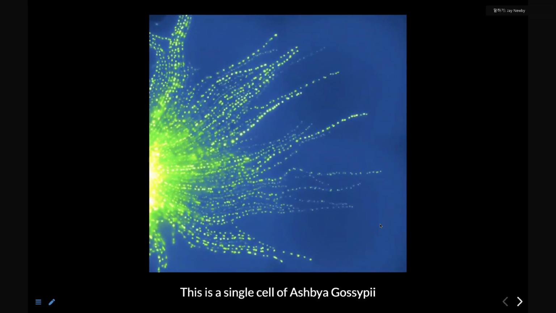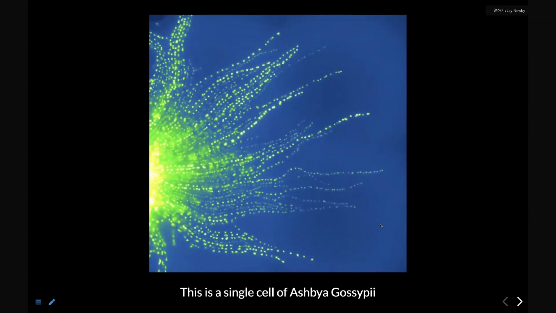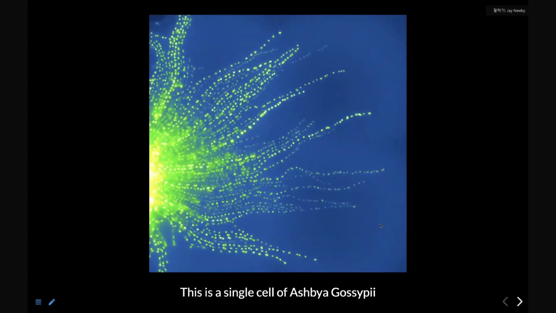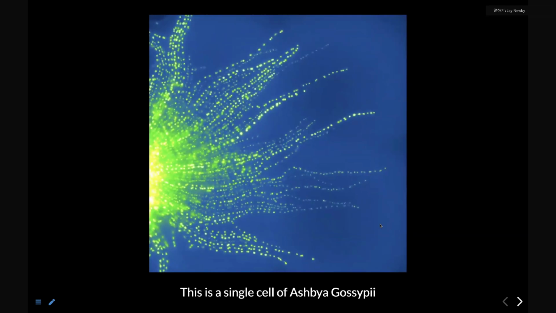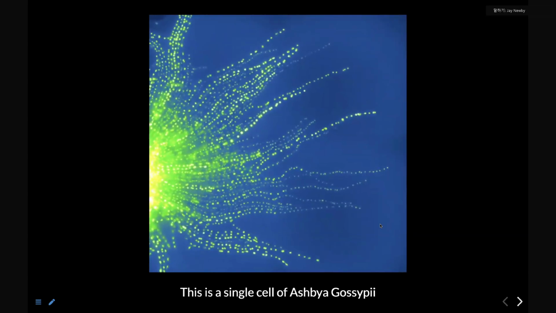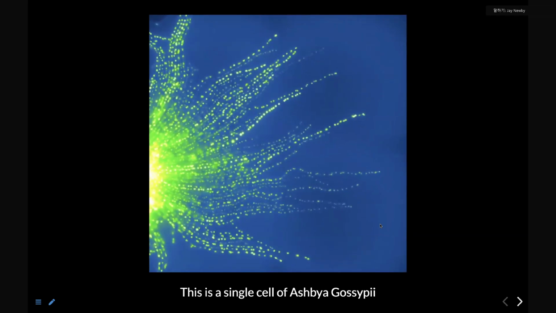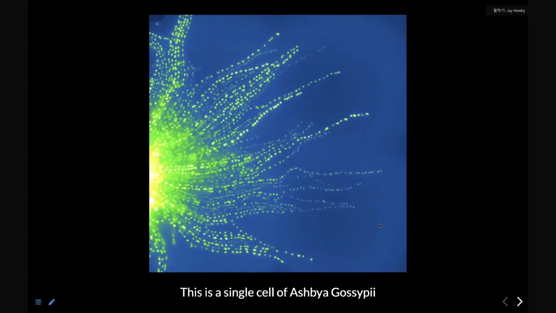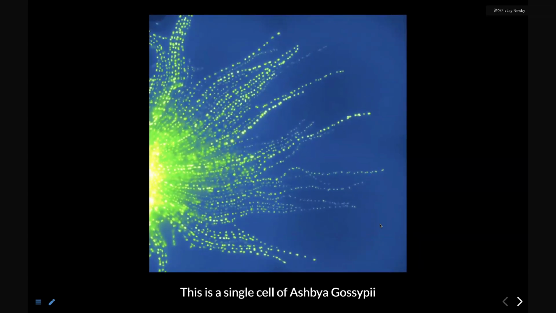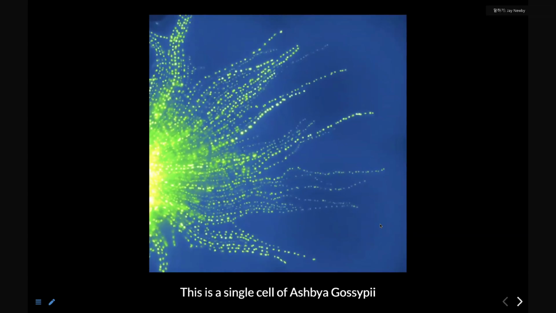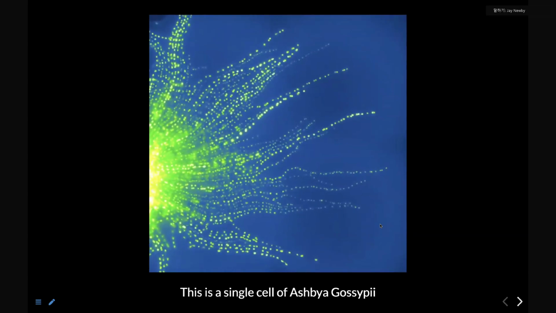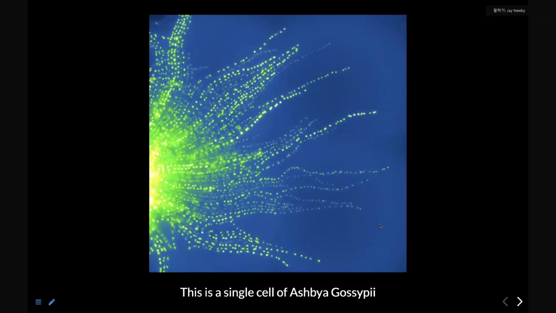Because these are moving stochastically. These tips are growing. I will show you other videos where you can see the growth, but it's too short to see the growth here. And these nuclei are dividing, right? So this is a big self-organization problem. How do you maintain this constant density of nuclei in this sort of constraint?